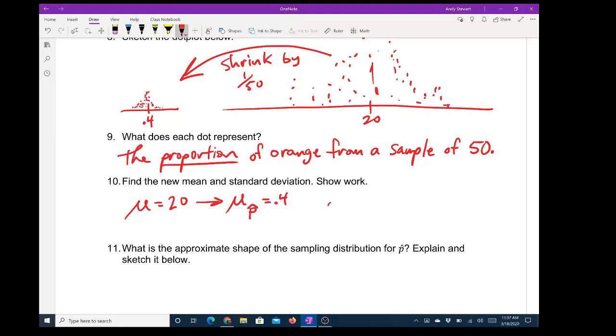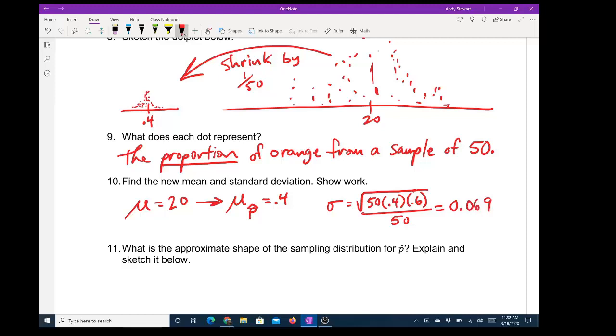Well, that was the square root of 50 times 0.4. I'm just going to do parentheses. 50 times 0.4 times 0.6. But now that's got to get divided by 50. And if you do the calculation, it'll come out to 0.069.